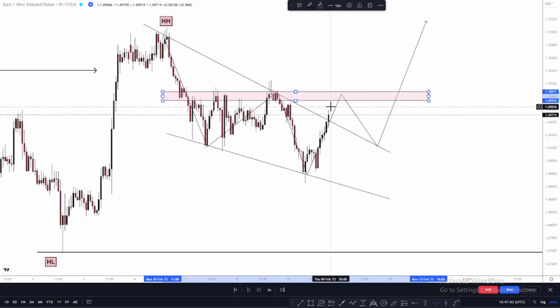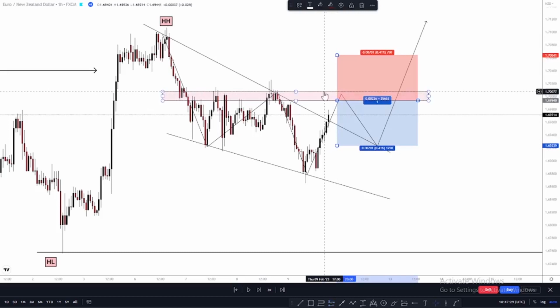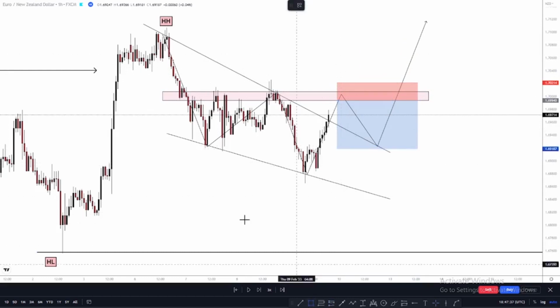But in case price gets to this resistance and gives us a bearish confirmation candlestick, I'll go in for sales because it's likely that price is about to create its other half of the chart pattern, which is the right shoulder. So if I get the confirmation candle, all I'll do is enter the trade right here, and put my first take profit right at this left shoulder.